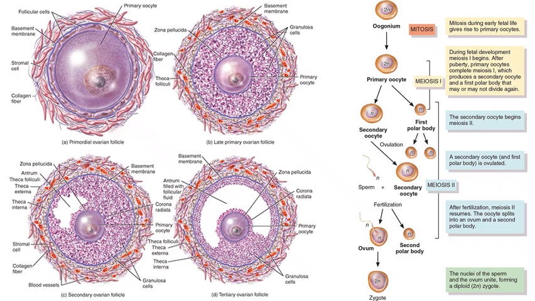The smaller cell produced by meiosis I is called the first polar body, essentially a packet of discarded nuclear material. The larger cell is known as the secondary oocyte, and it receives most of the cytoplasm, hence the change in sizes. Once the secondary oocyte is formed, it begins meiosis II, but then stops in metaphase. So it's kind of this pattern of stop, pause.